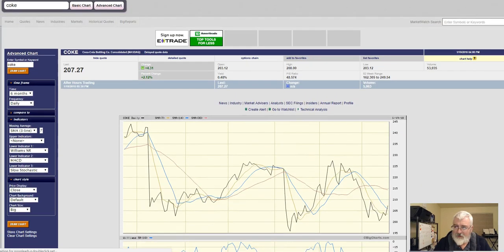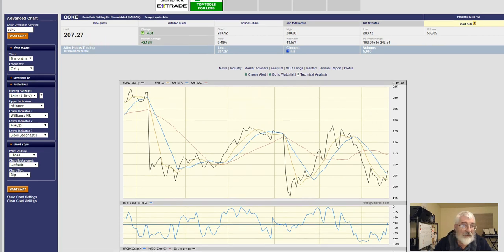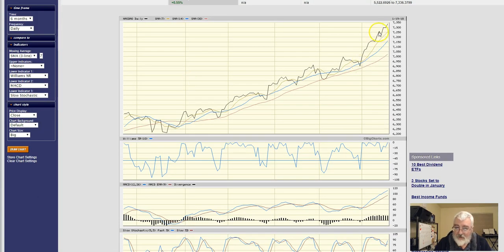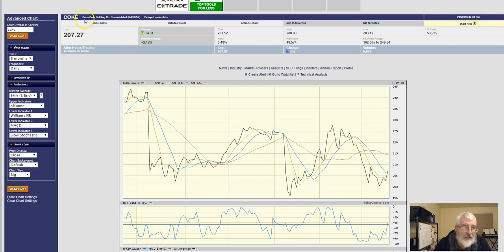So I wouldn't even consider this one because it's not matching the trend. You've got the trend of its parent group, the exchange, Nasdaq, and you can tell what group it's in because if we go back over to Coke, it says Coca-Cola is part of Nasdaq.